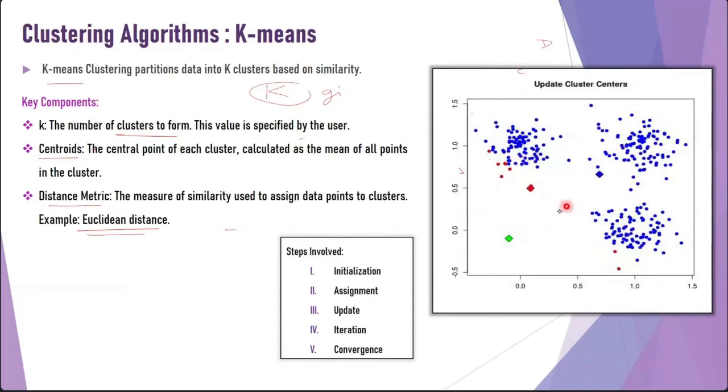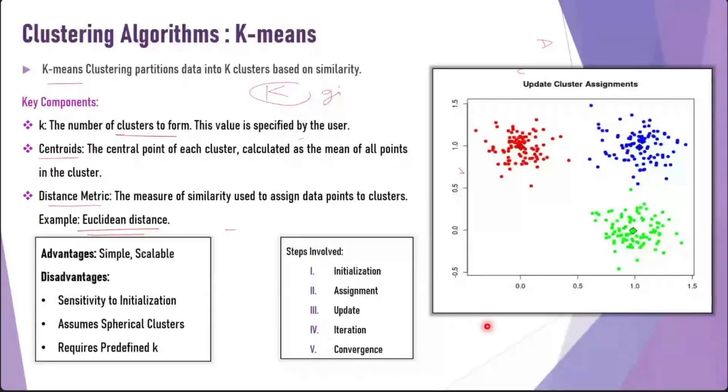With every iteration the centroids get updated and placed in a proper position, and the iteration stops when the centroids do not change anymore. The centroid values have become constant. Then the k-means algorithm stops.